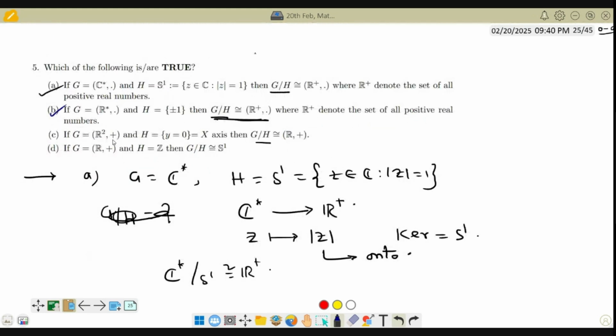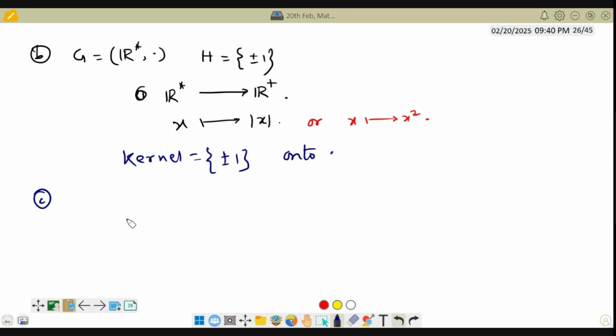Now what about option C? So this is true. R2 plus and H is the x-axis. So G is R2. Can you identify the quotient group?